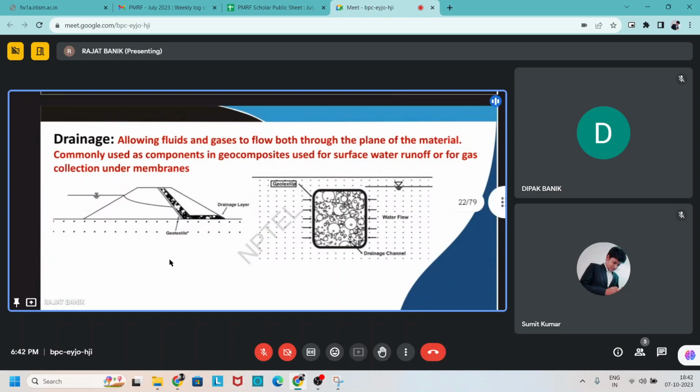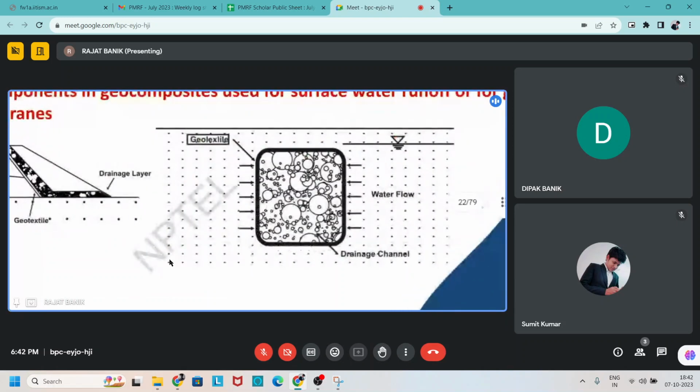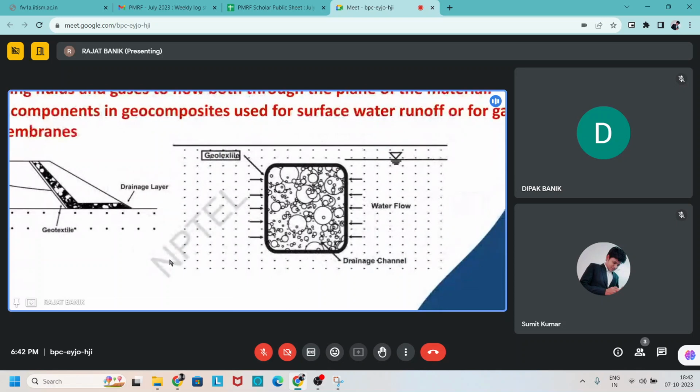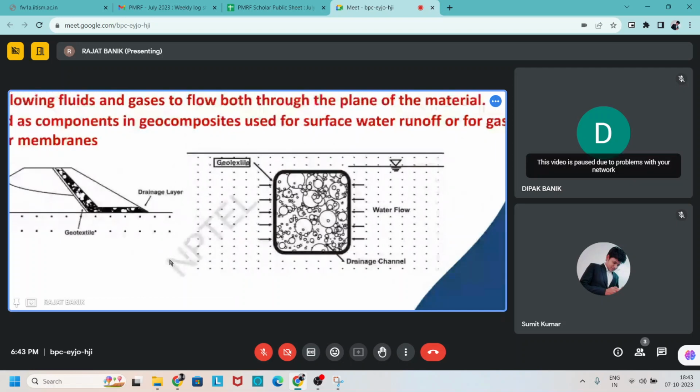So one arrangement is given here as a drainage. We can see the same arrangement as for filtration also, but in drainage, this is used in plane. Water can flow in plane. By this arrangement, excess water is expelled from this soil and it increases the strength of the soil.